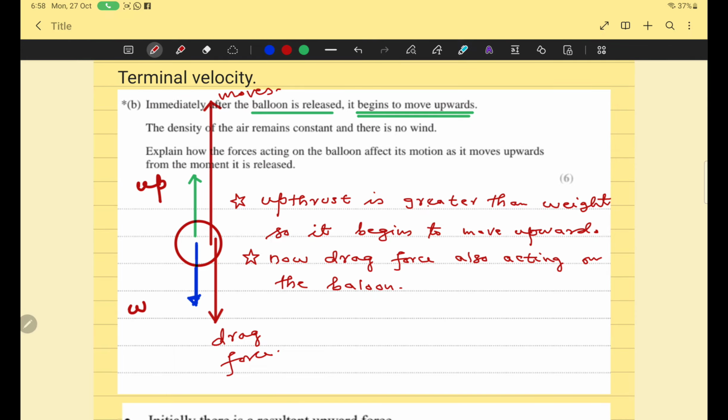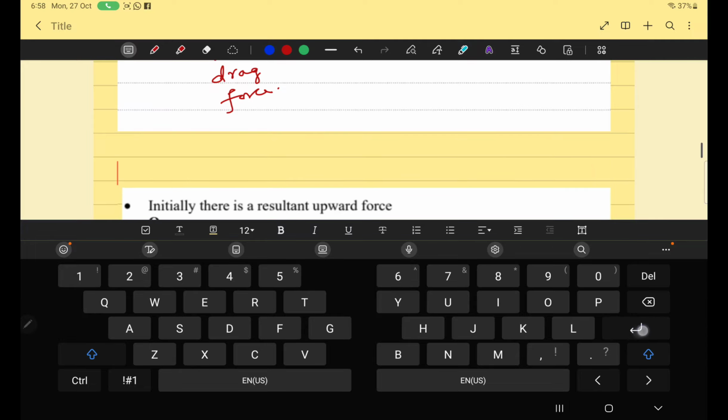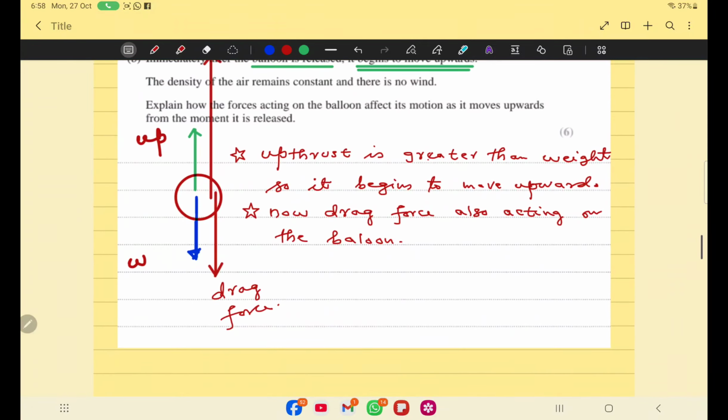Initially, no drag force, but when the balloon is moving upward, then drag force comes into action. And now drag force also acts on the balloon and it acts downward. Balloon moving upward, so drag force acting downward.